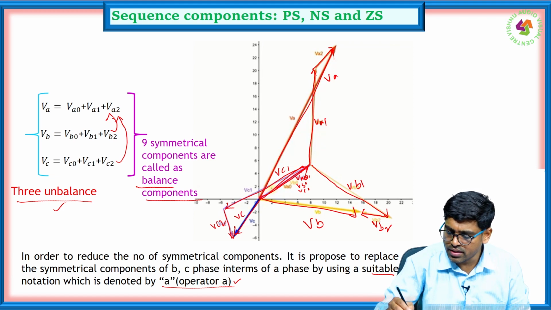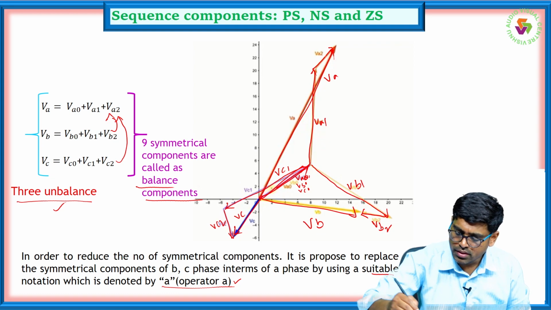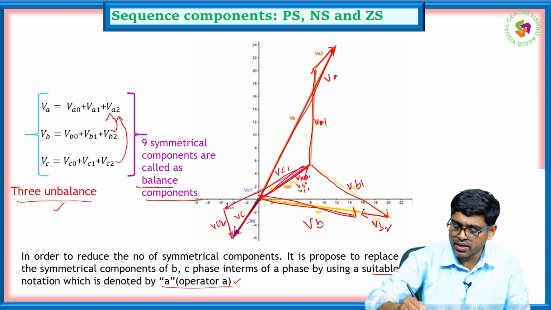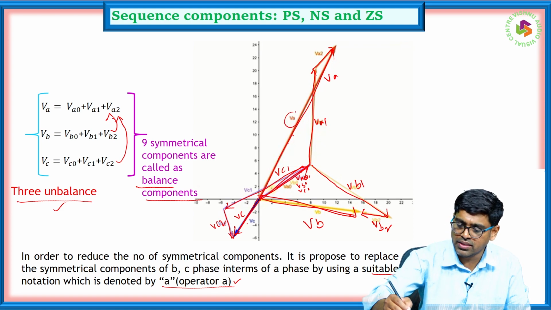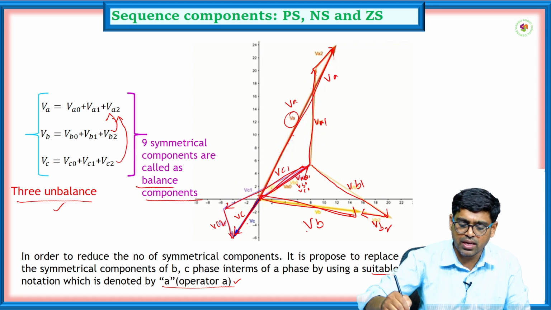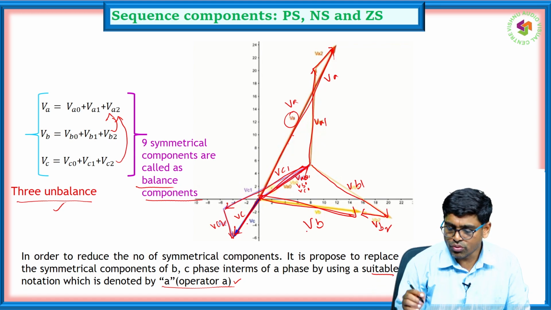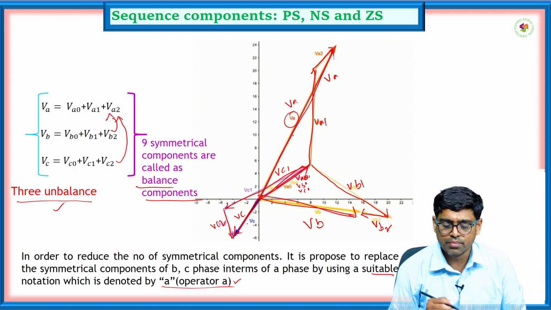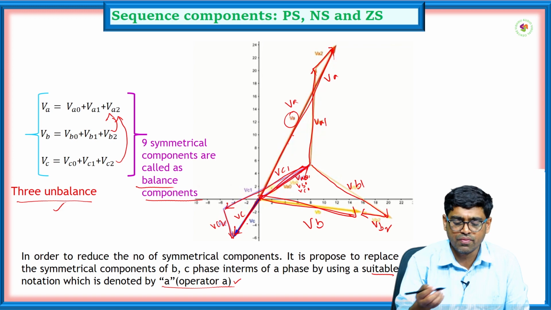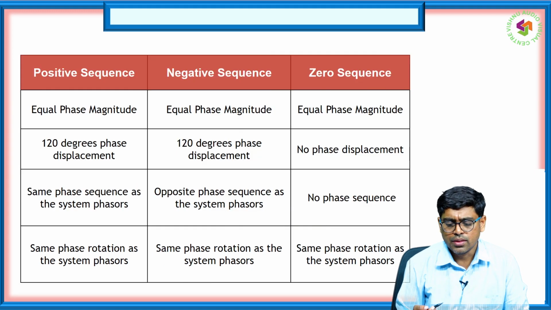So you can see the A phase, the B phase and the C phase have different magnitudes. VA has the highest magnitude, VB is somewhat less, and then VC. So it is an unbalanced quantity. Like that we represent the unbalanced electrical quantities VA, VB, VC in terms of symmetrical components.